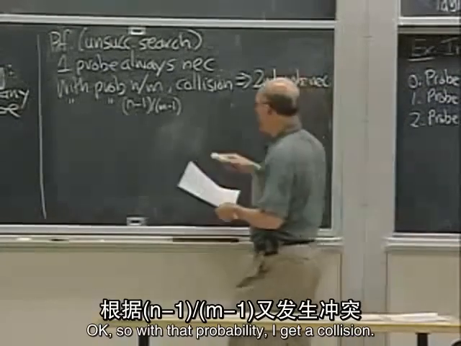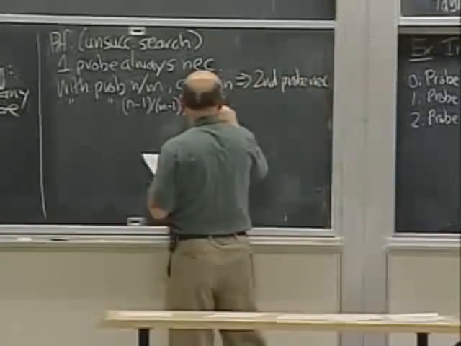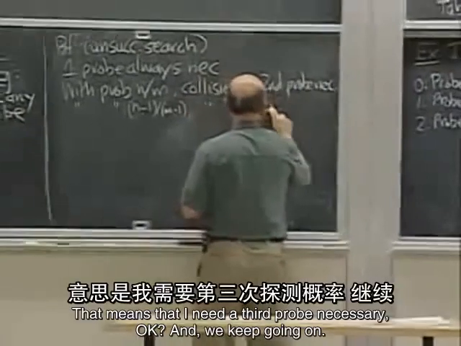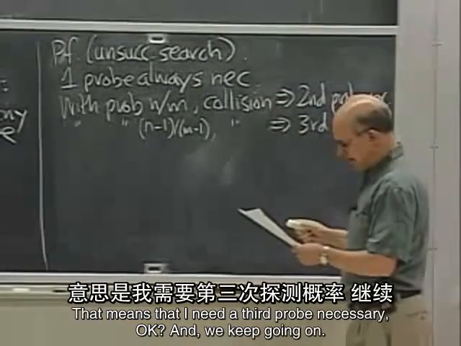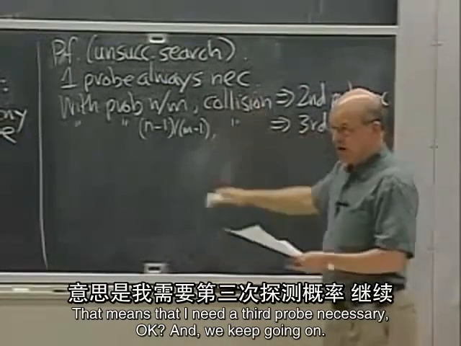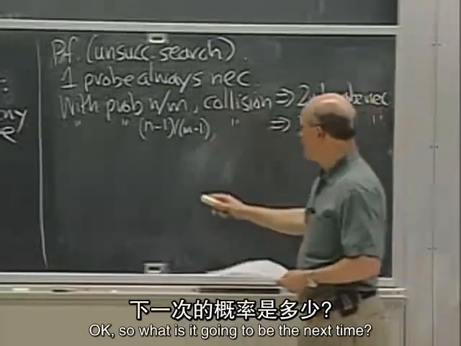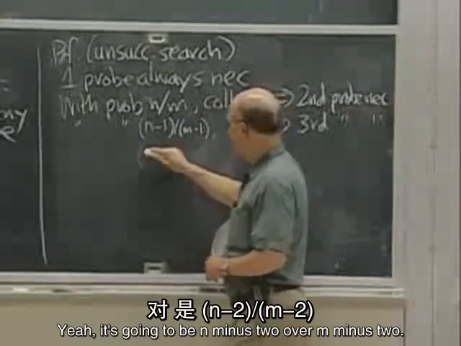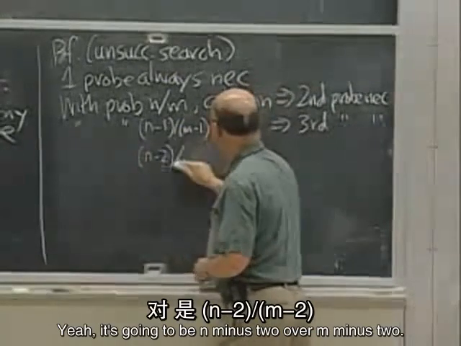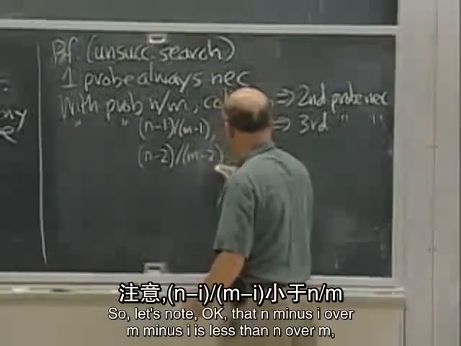Okay, so with that probability I get a collision. That means that I need a third probe. Okay, and we keep going on. So what is it going to be the next time? Yeah, it's going to be n minus 2 over m minus 2.